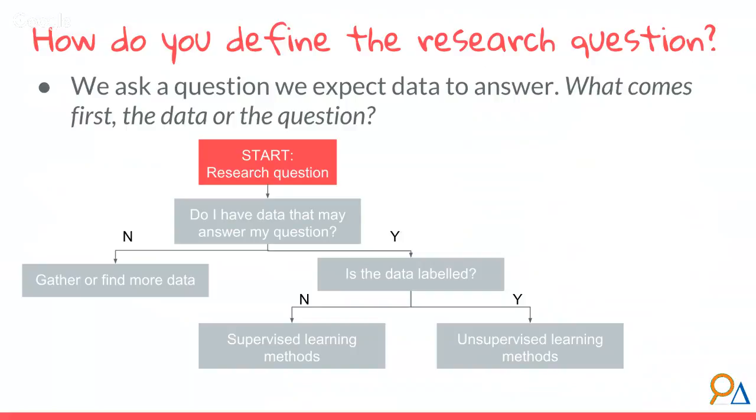If we don't, we go and find more data. If we do, we check if the data is labeled. If the data is labeled, check the data types, what are the data types of our variables, and then we go next and see if our problem is supervised or unsupervised. We'll get to that a little bit later.